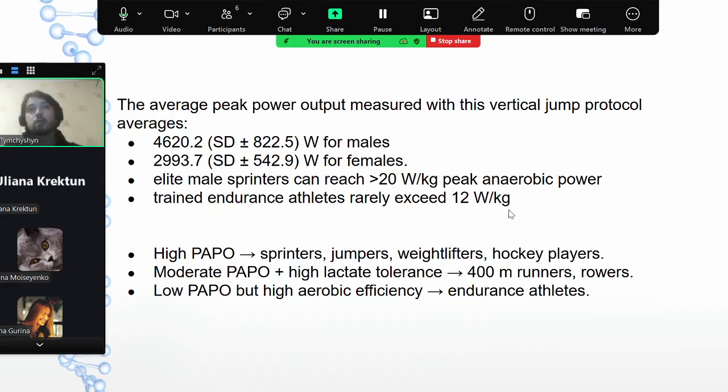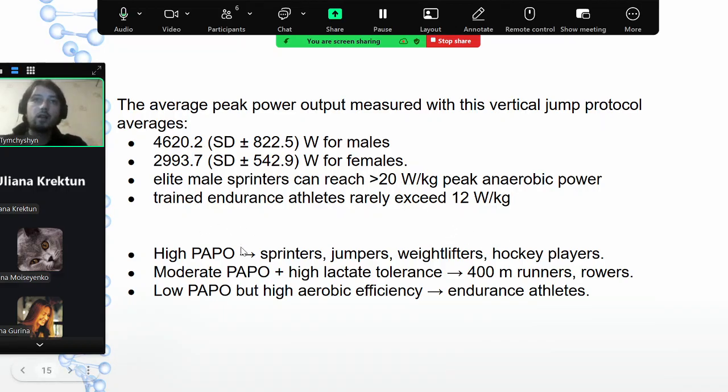So if you are doing endurance sport, you will probably not need that high peak power output, because they can reach this power, but just for a few seconds or something like that.